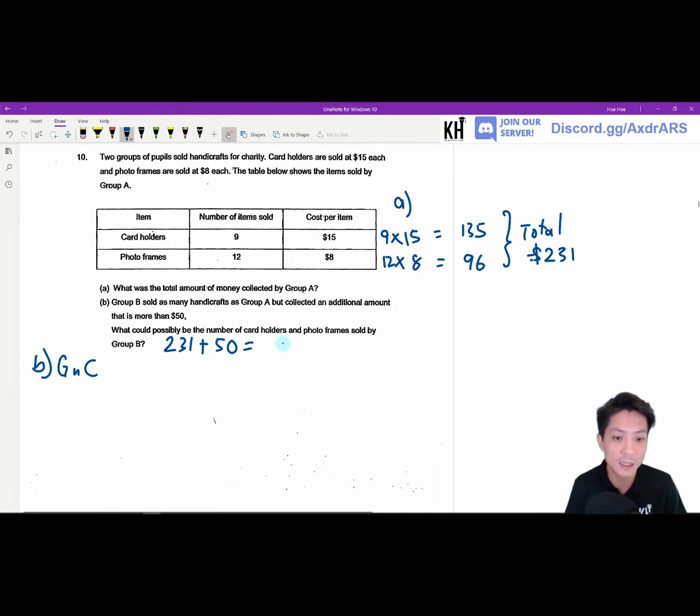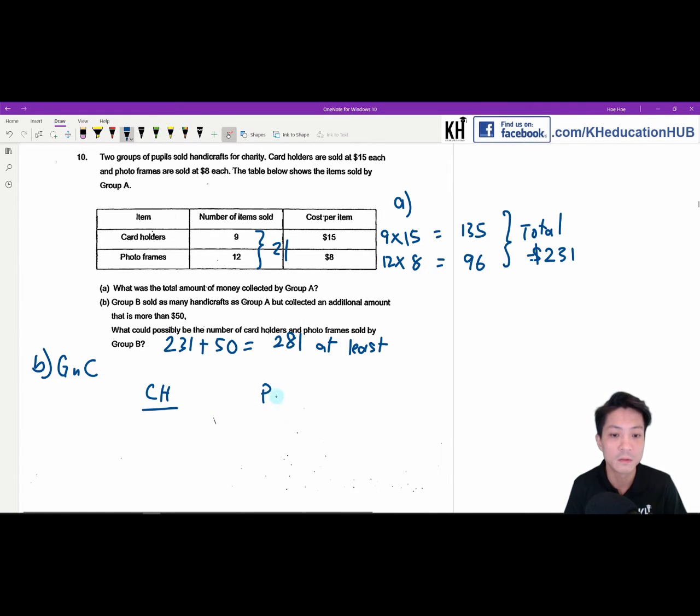Okay, it will be at least 281. Okay, so now I'm gonna try. The total will be 21 card holders and photo frames.